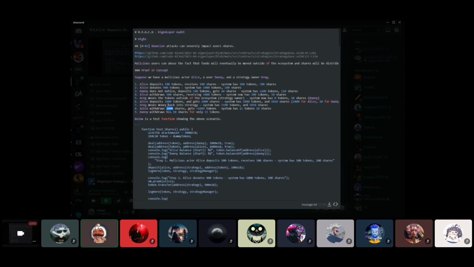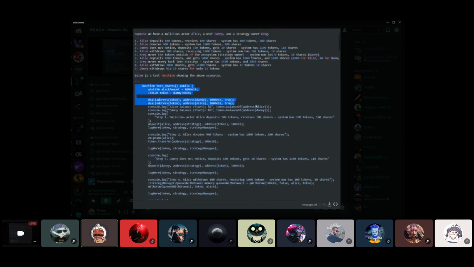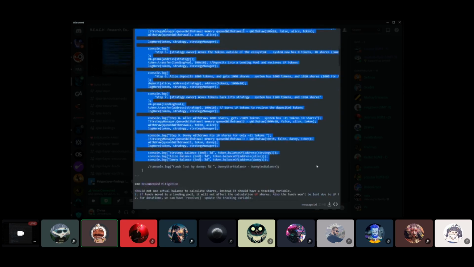So essentially, the whole problem stems from the issue that the funds that are deployed outside of the system aren't accounted for in calculating the share price. And then Danny, as we said, withdraws his 10 shares and only gets 11 tokens. Essentially he lost 89 tokens, which is basically what Alice managed to get as a surplus. Then here is a simple, not so simple, Foundry POC.